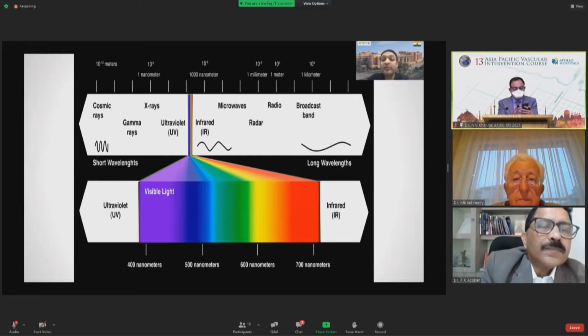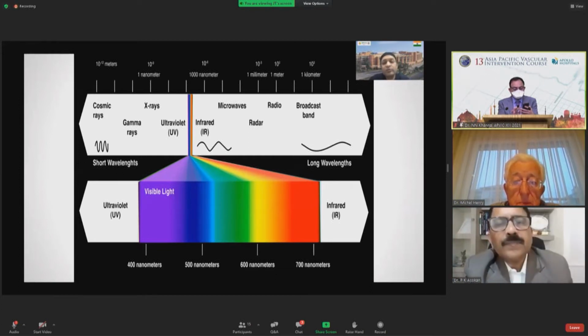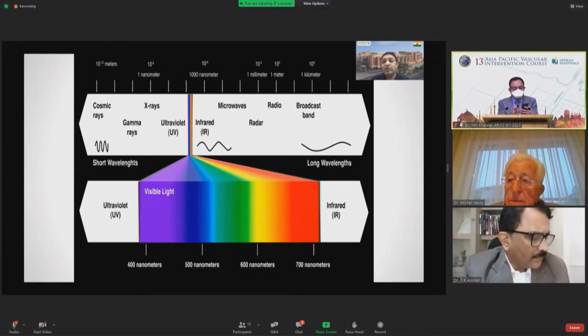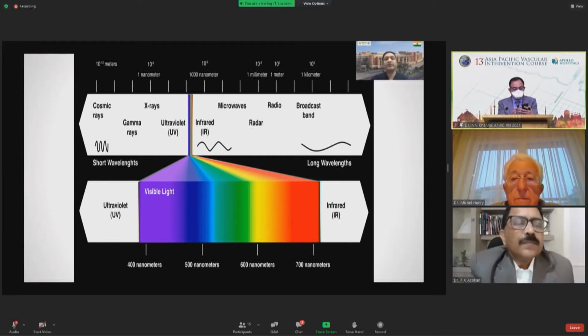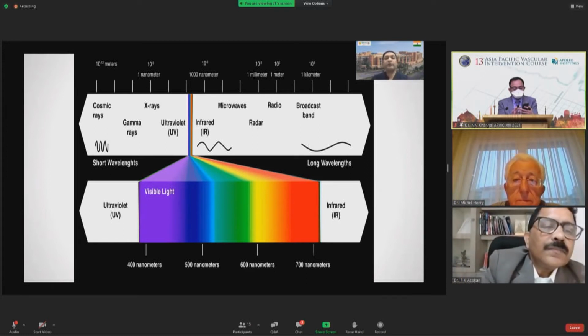Now comes the next concept of what are the different types of laser. There are so many terminologies, and normally the surgeons and the cardiologists, all the people who are not into lasers every day of their life, they get confused. Now you have to understand this spectrum, what we call VIBGYOR. The visible light has got a spectrum. On the one side we got a violet light, on the other side we got a red.